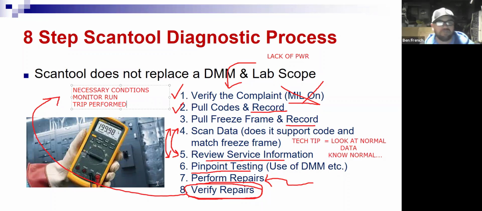And then we'll have a trip performed. Then we can go in there, pull mode 6 data, look for pending codes, and we'll know without a doubt whether or not we've truly fixed the problem. We can even identify some other problems, because sometimes you'll have one thing affecting something else, you fix that, then the computer does some more tests and figures out some other stuff that it doesn't like. So this is our 8-step diagnostic process. We're going to keep applying this over and over.